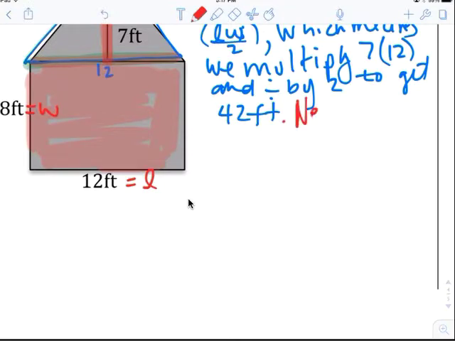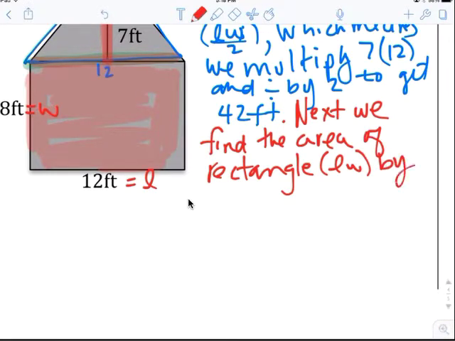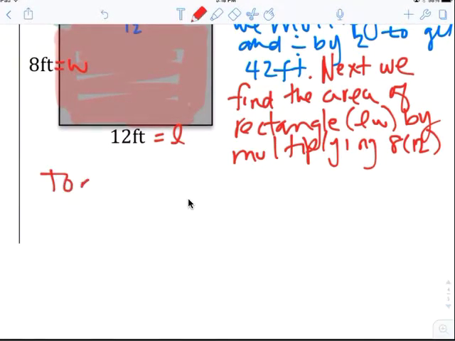Next, we find the area of the rectangle by multiplying 8 times 12 to get 96 feet squared.